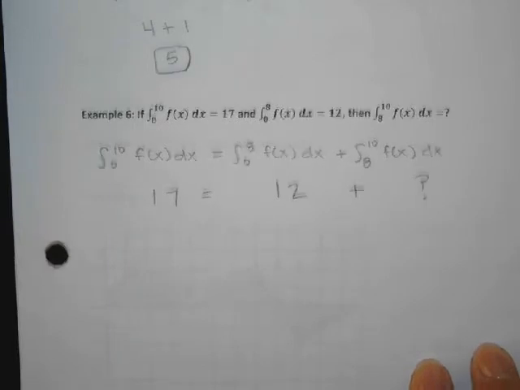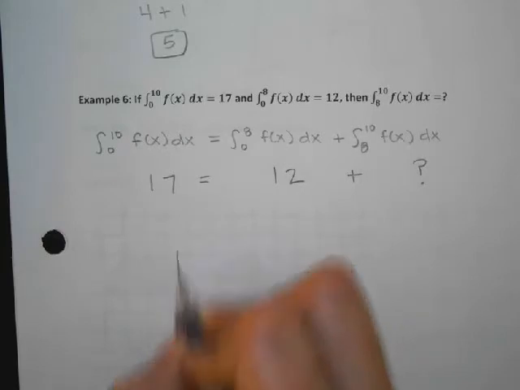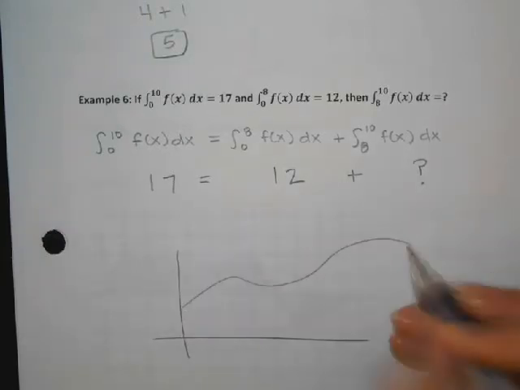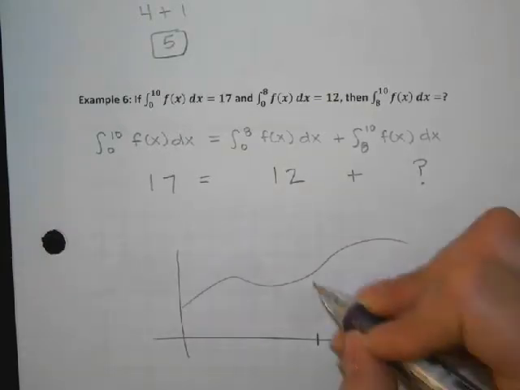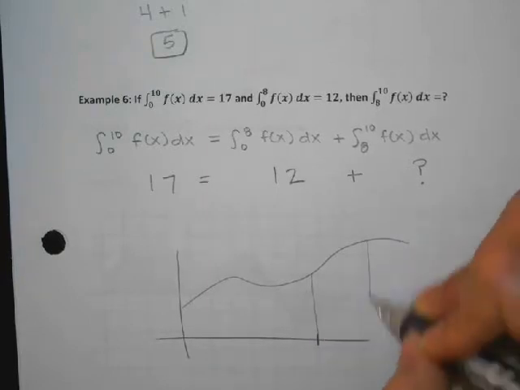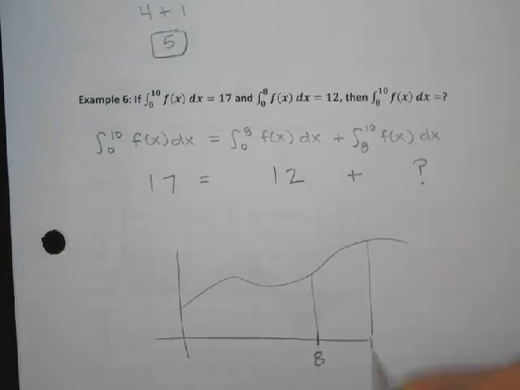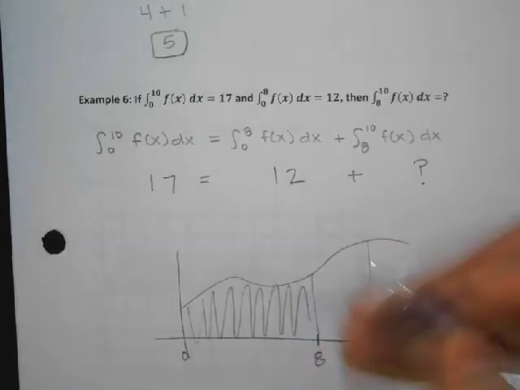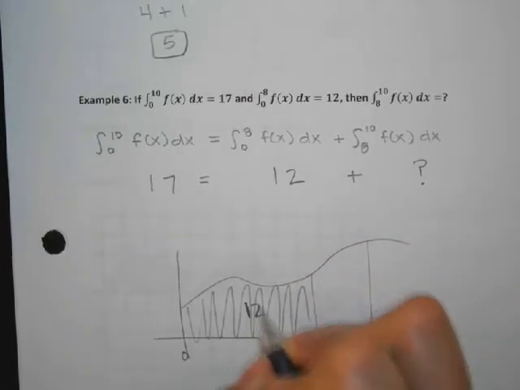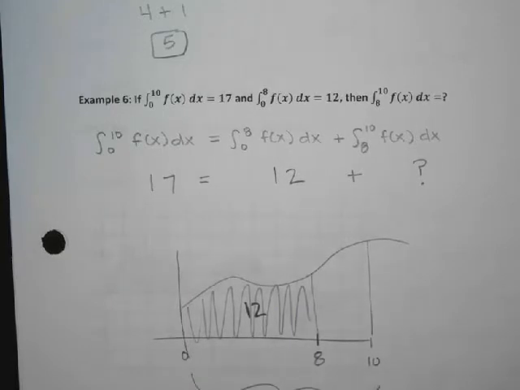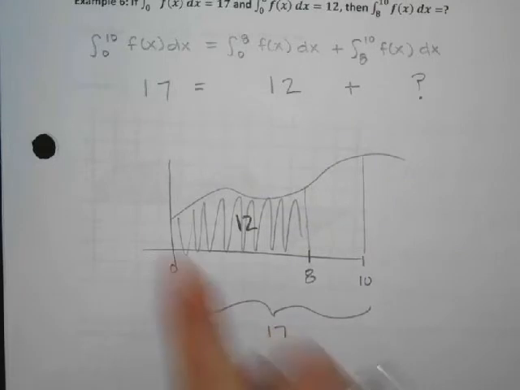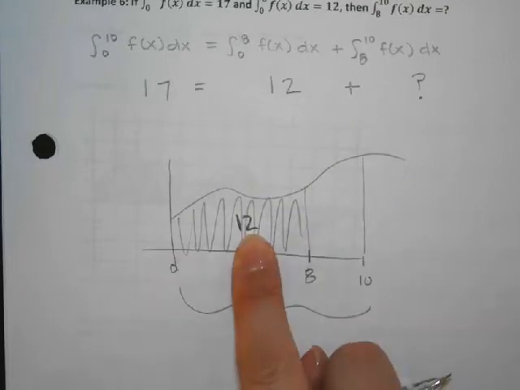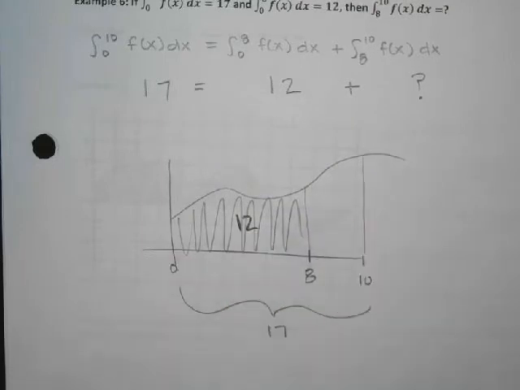Okay. So again, we can draw a picture of that. Right here, this area is 12, and the area of the whole thing is 17. So they're saying if this whole area is 17 and that area is 12, then what's this area right here?